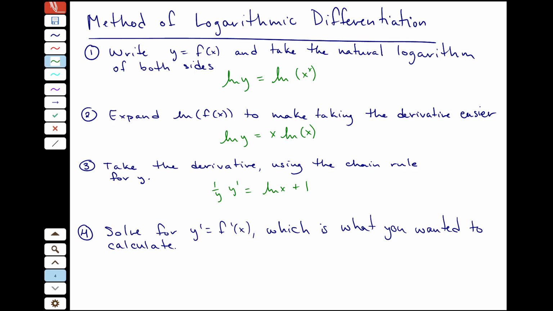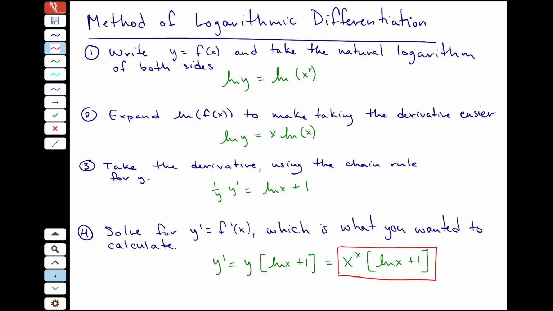So in order to do that, we have y prime equals y times the natural log of x plus 1. And then you replace your original expression y. You have x to the x times the natural log of x plus 1. And at the end of that step, you are done calculating y prime. You are done calculating the original derivative that you wanted to find.